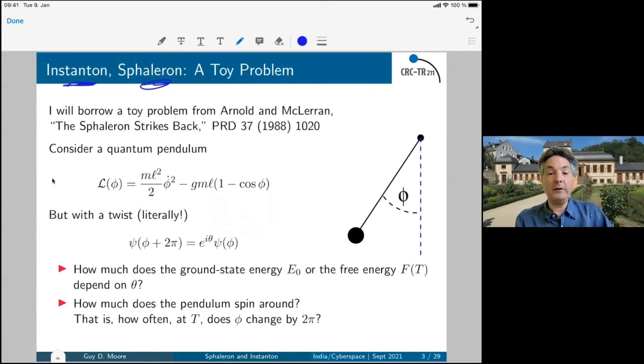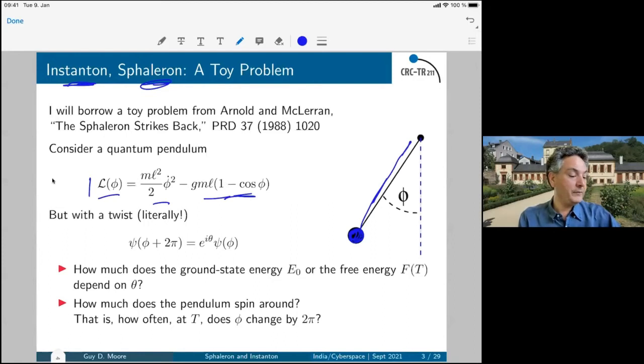So consider a pendulum where I have a fixed length bar and a mass at the end of the bar. So here's my Lagrangian, and I'm going to consider it quantum mechanically. It's in a gravitational field, and so it has a potential, a 1 minus cosine theta potential. And this Lagrangian is actually not enough information to specify this problem as a quantum mechanical problem.